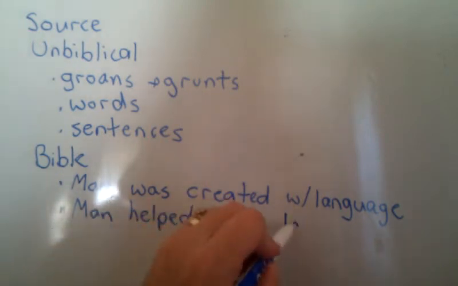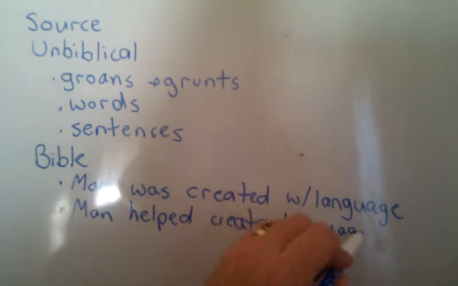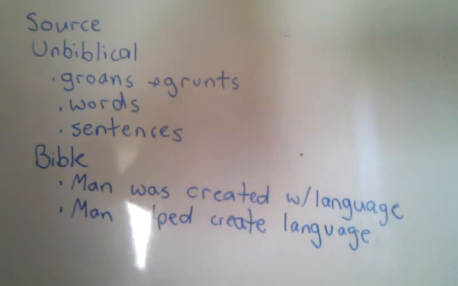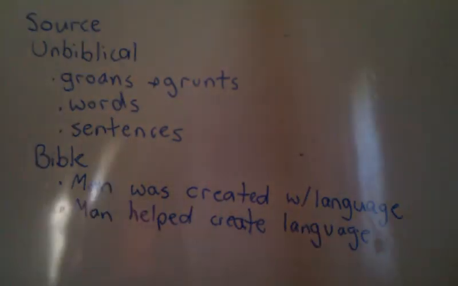And what that means is Adam is the one that made up the names of the animals. Okay, that's what that means. Naming things was the first use of that language, other than communicating with God. Ever since then, we have been giving names to things that we discover and invent.